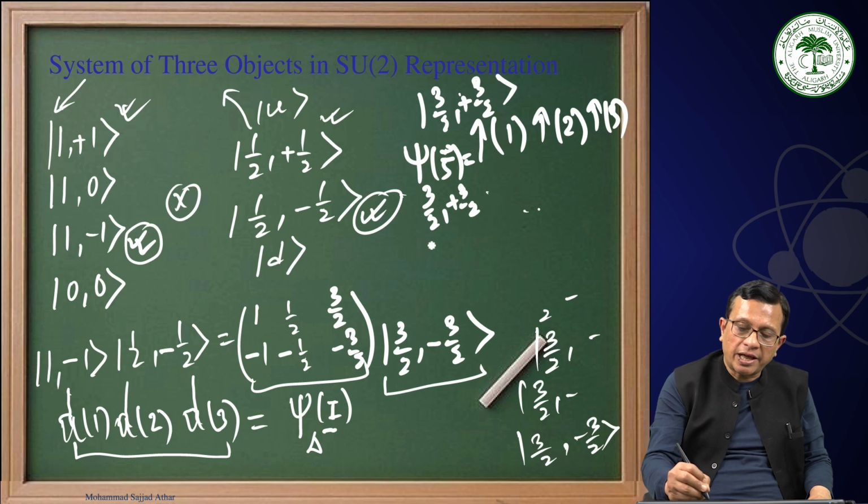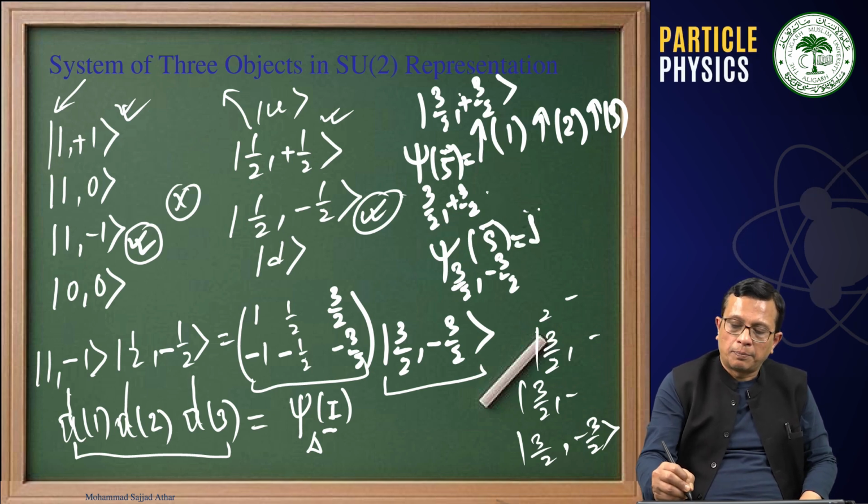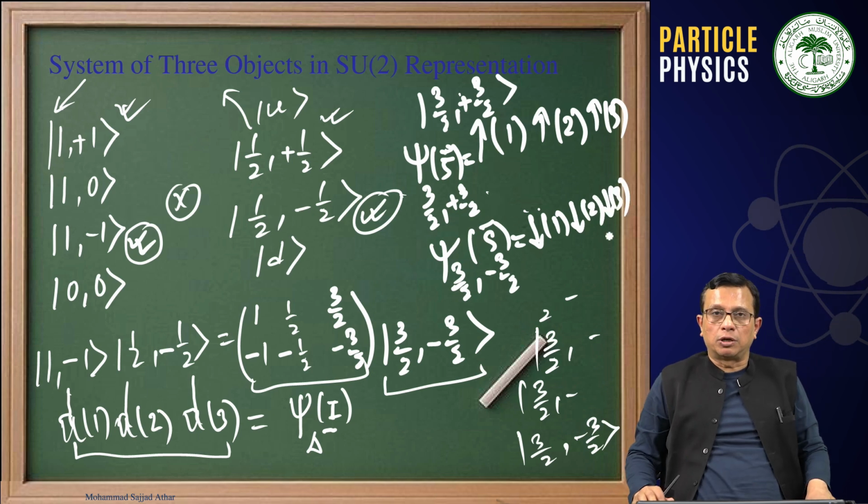Similarly, we can have the spin 3 by 2, minus 3 by 2 state, where particle in state 1 is in spin down state, in state 2 in a spin down state, and in state 3 in a spin down state.